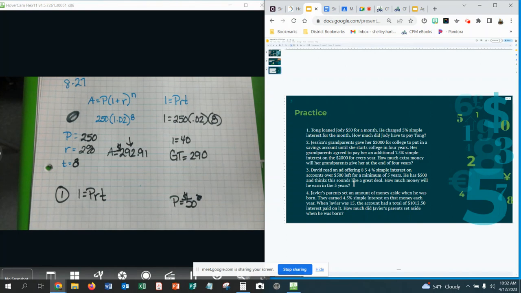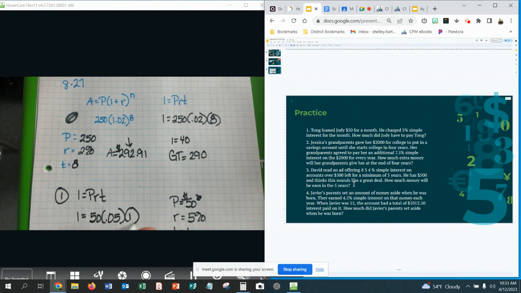What is the interest? The rate is 5%. Great. And the time is like 1 month. Okay, I'm going to plug it in. 50 times 0.05 times 1. Okay.